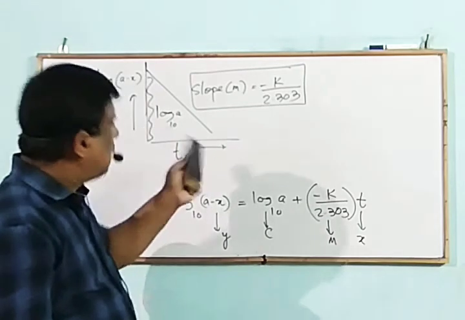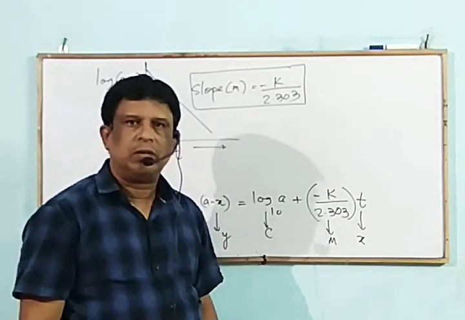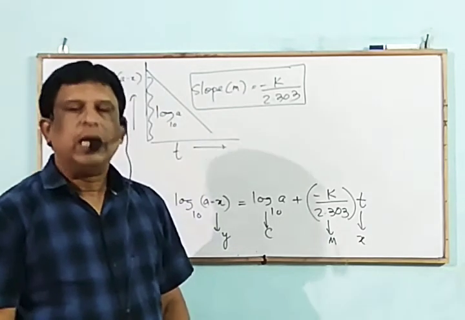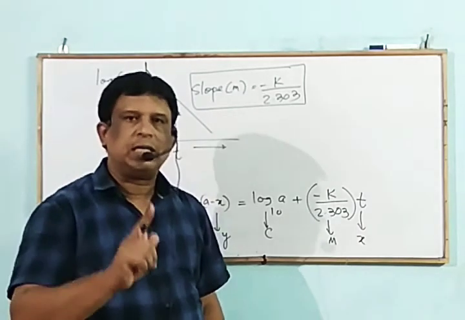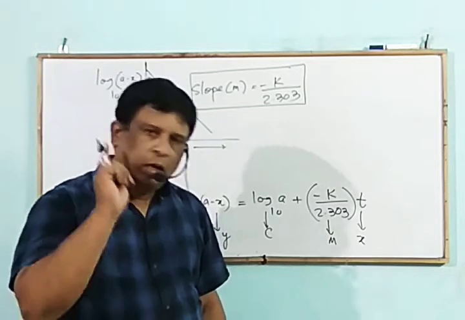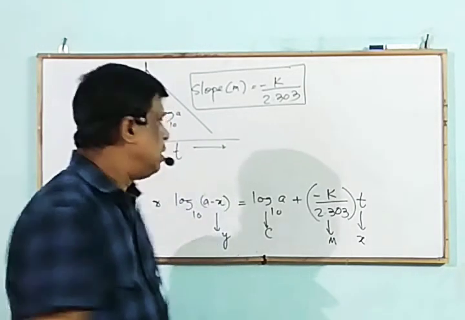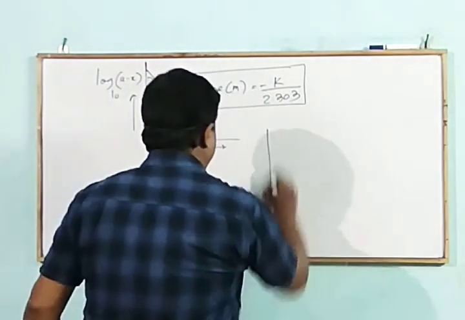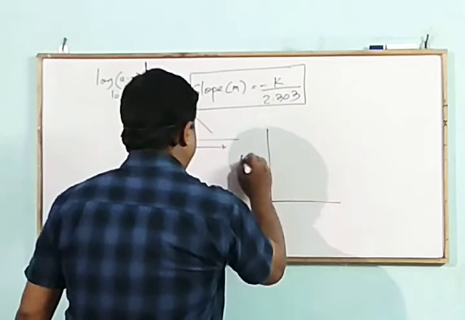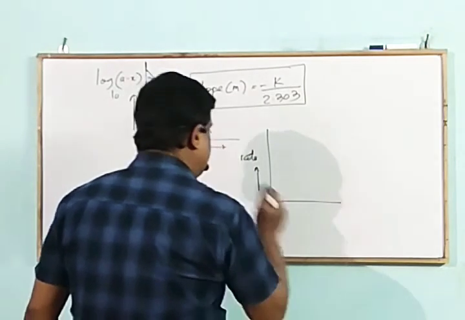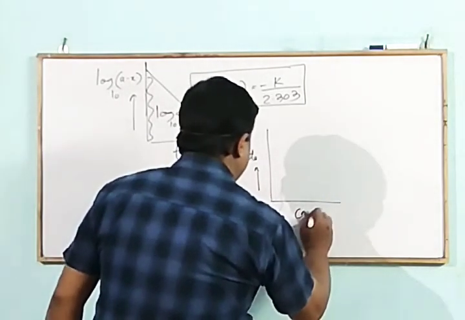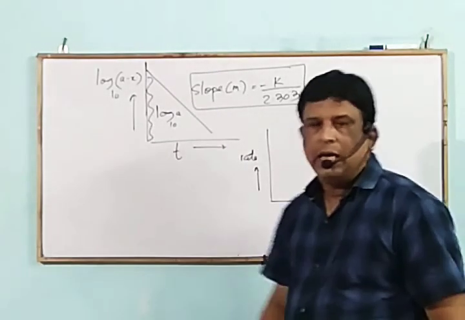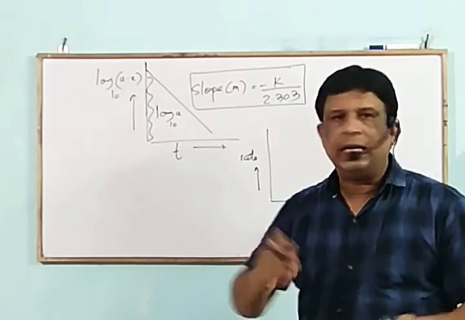And as it is a first order reaction, rate is directly proportional to the initial concentration to the power 1. Only one reactant concentration changes. So again, if we plot a graph by taking rate versus concentration, as it is first order kinetics, increasing the concentration increases the rate.